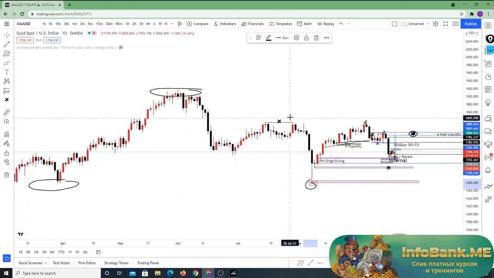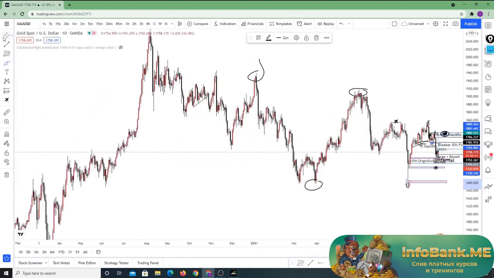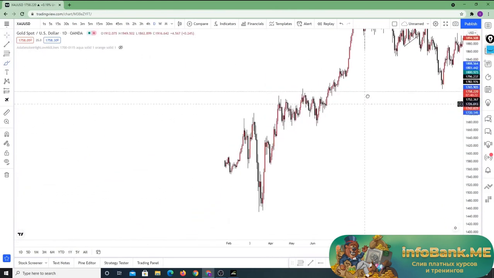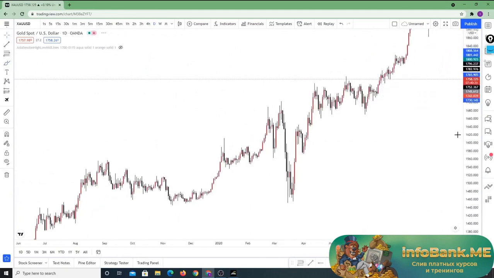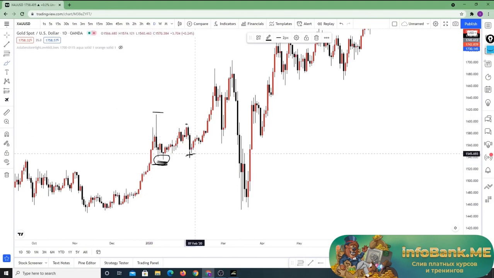Why? Because there's plenty of positional traders that are looking to, let's move a little bit back, just like this, right? As you can see, we have a swing point right here, and there's people that have stop losses below this, above this, above this, below this, above every major swing point.